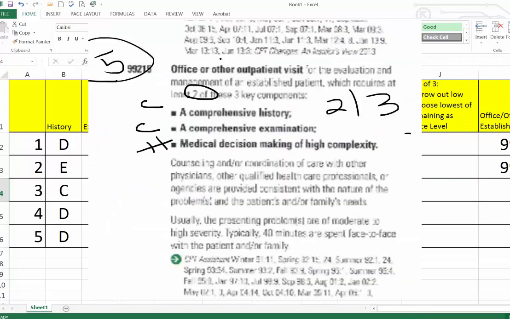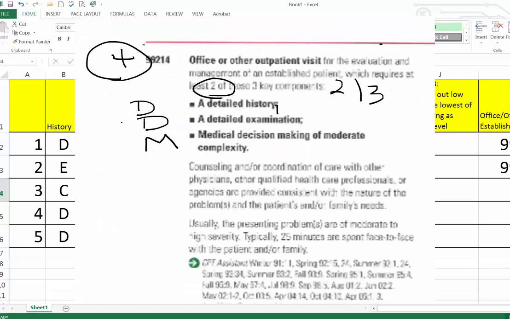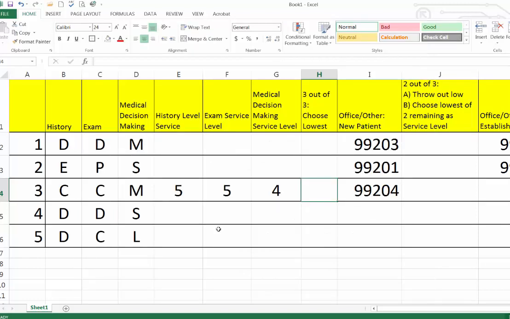So for an established patient in the office, a comprehensive exam is a service level 5. There's no duplication. So a comprehensive history is a service level 5. A comprehensive exam is also a service level 5. Moderate decision making is a service level 4. And I need 2 out of 3.